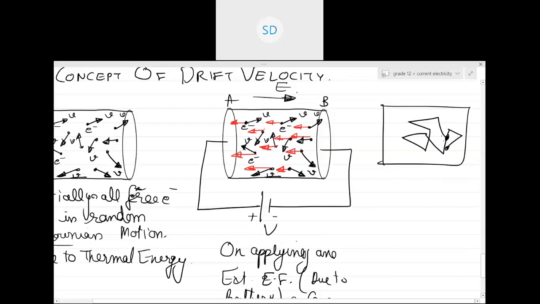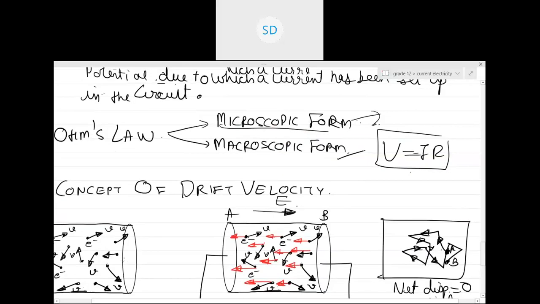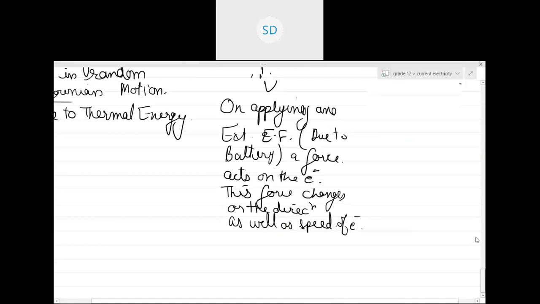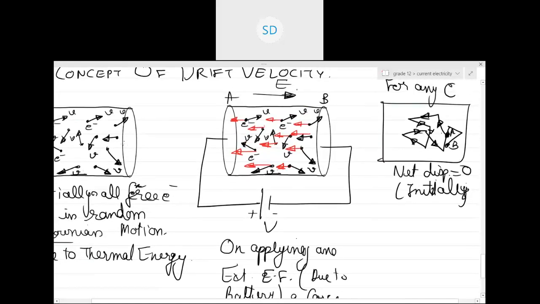Due to different collisions, the path of the electron kept on changing, but the overall displacement from A to B became zero. Net displacement is zero initially.